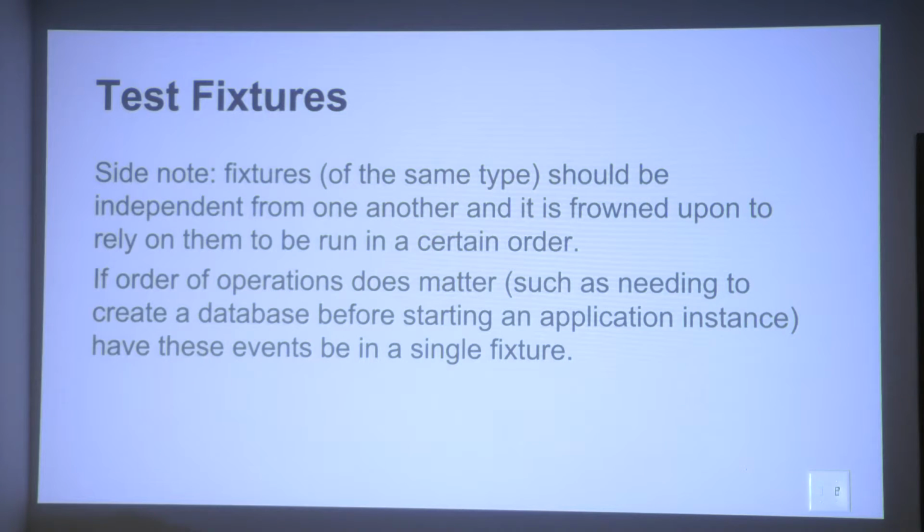Don't have multiple fixtures, because the order is not predictable, or not easily. Like I said, you could finagle it with alphabetical order, where maybe you had underscore A then create database, underscore B, and so on. That's usually the workaround, but it's really frowned upon in the xUnit style framework.